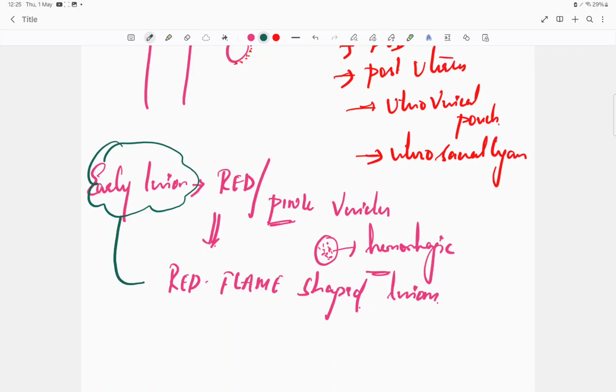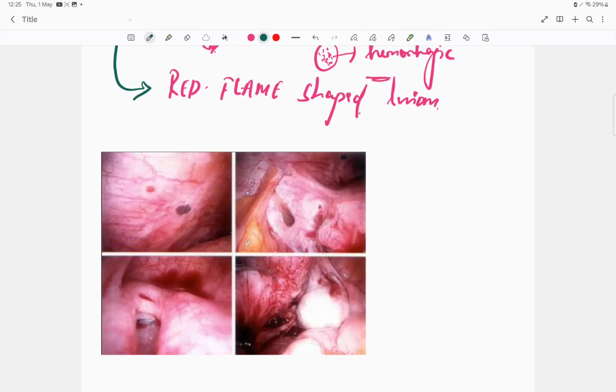They have asked red flame shaped lesions in the exam. But nowadays what they're asking is image based. So how does it look? See, you can see here this lesion which is red or pink, which is flame shaped, and it's like a vesicle, which is nothing but called hemorrhagic. It is blood filled. So this is the early lesion that you can see.